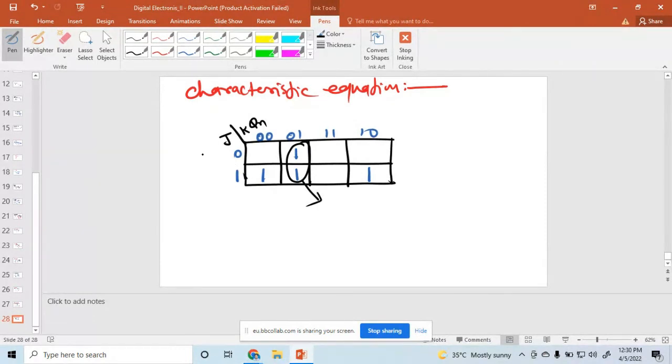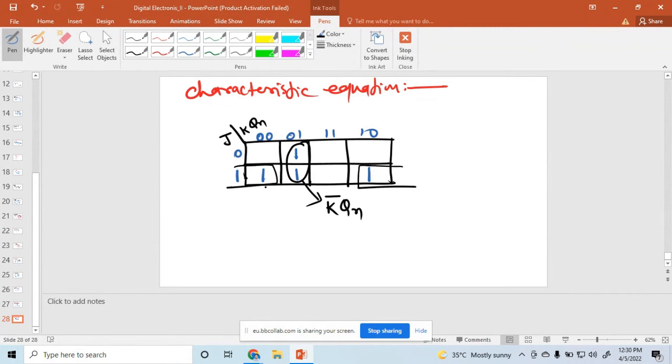J is 0 and 1, which contradict, so remove it, and the value is K bar Qn. The next pairing is also possible, so these two pair.